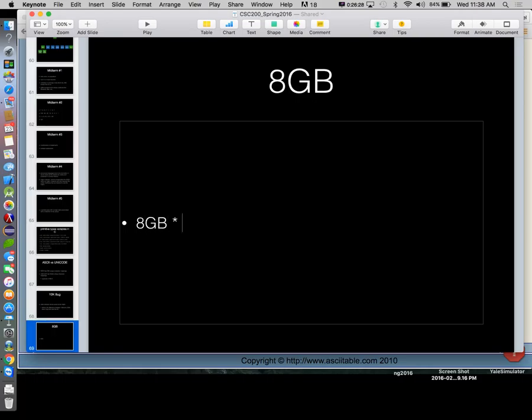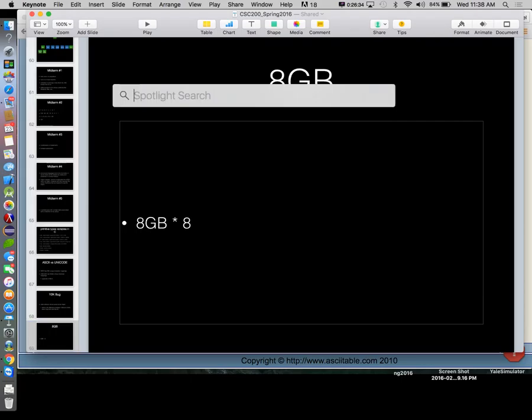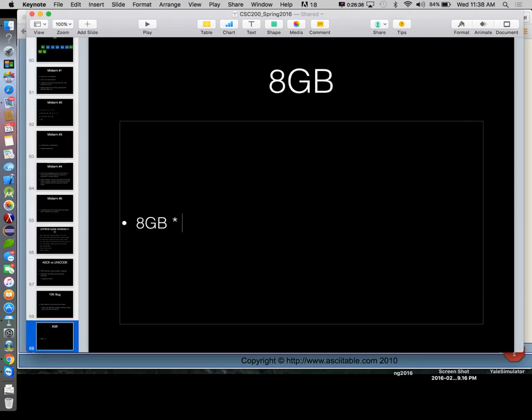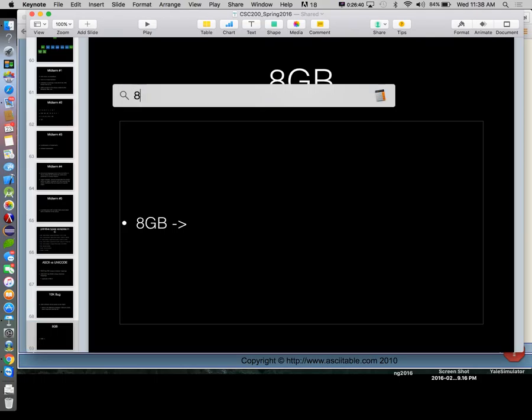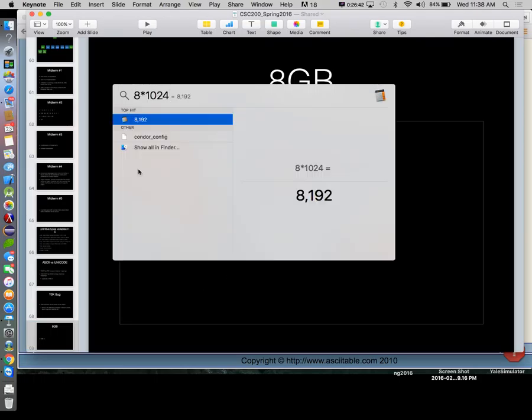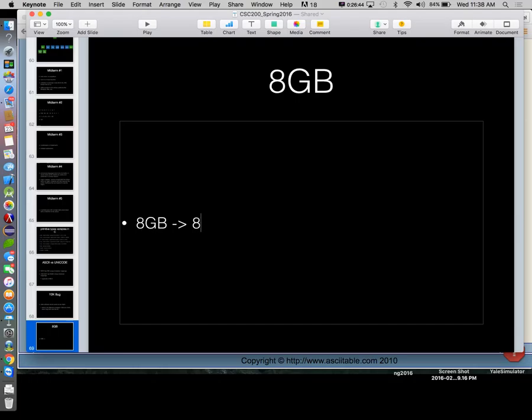Why don't we walk up the scale and then walk down? So 8 gigabytes is how many megabytes? That's 8 times 1024, so that's 8192 megabytes.